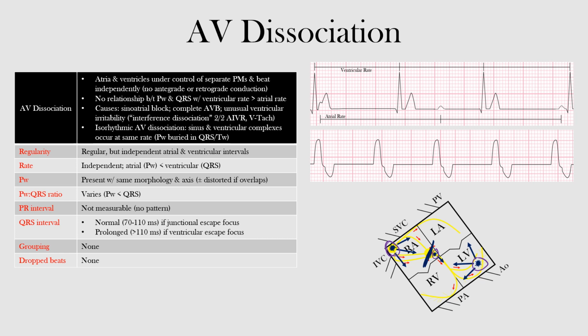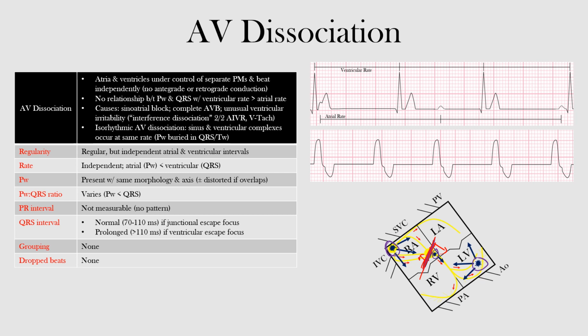There's the block, so nothing is getting through, no retrograde or anterograde conduction, and they beat independently. But in this case, the ventricular rate, coming from below this block, will be greater than that coming from above. So we have a greater QRS rate compared to our P wave or atrial rate.